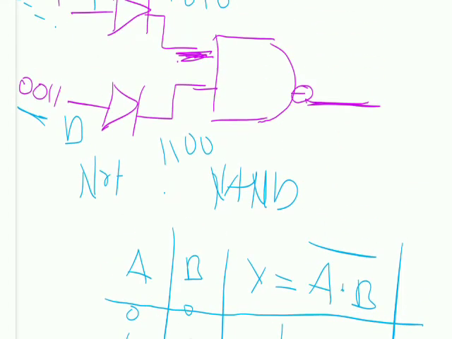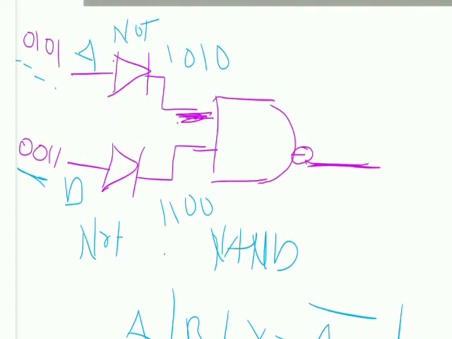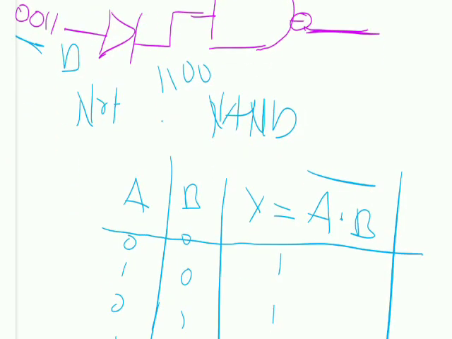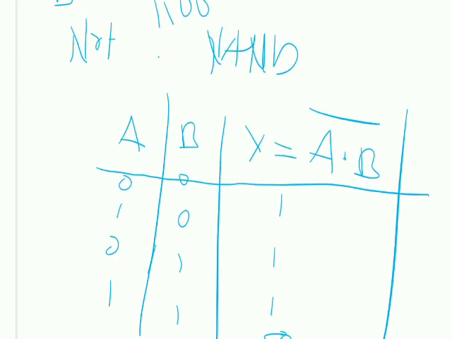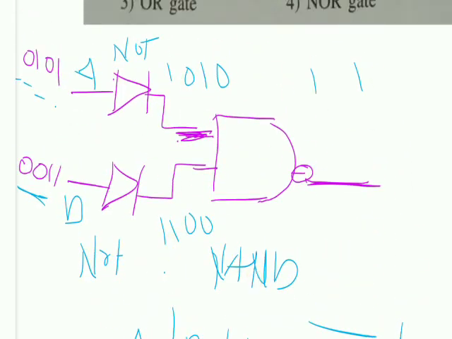So first one, 1 1 gives 1 1, getting 1 1 0, so it is a 0.